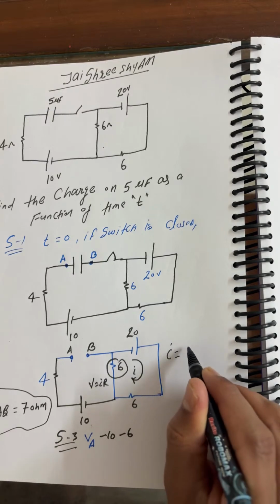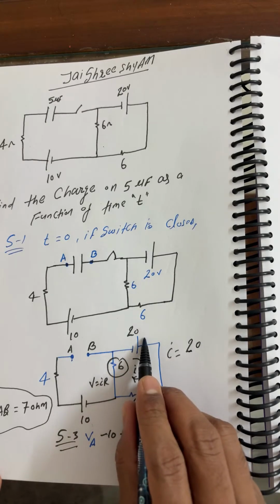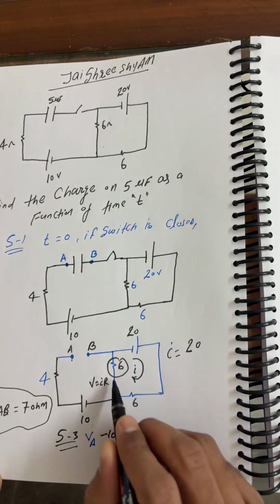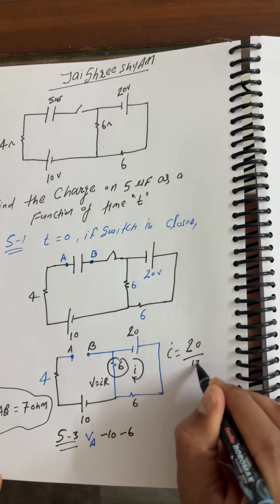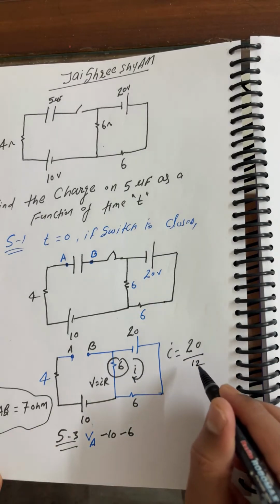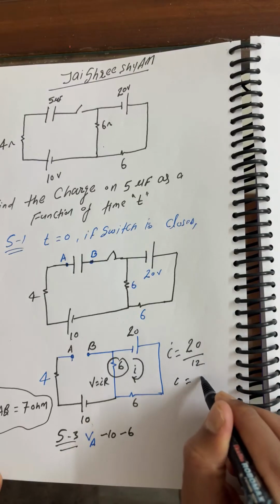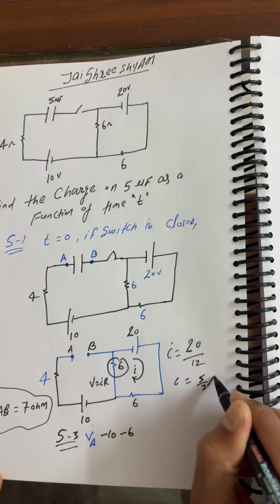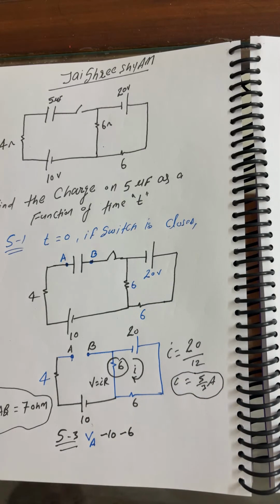I, what we can say, is 20, because for this loop the potential is 20, and the R equivalent is 6 plus 6 in series for this loop. So finally you will get I equal to 5 by 3 ampere, right?